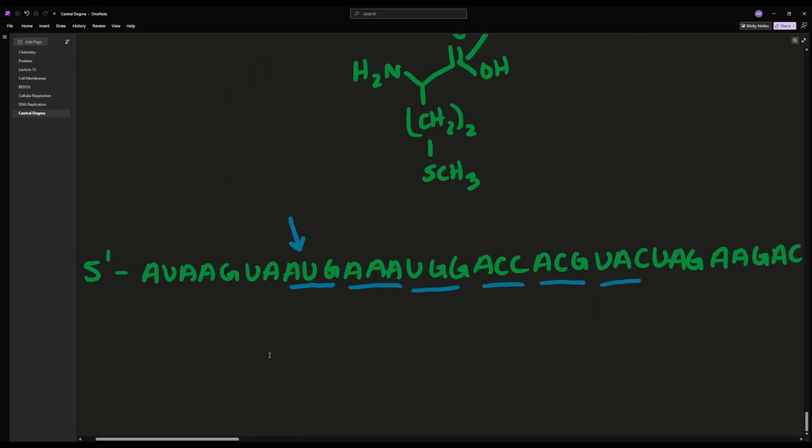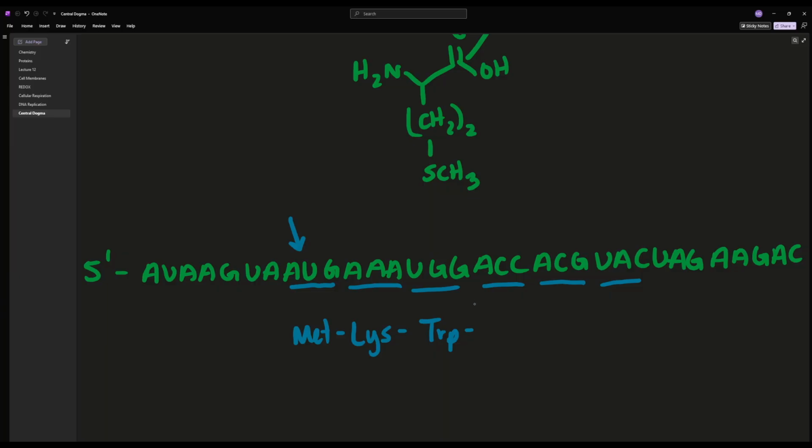So returning back to here, looking at my codon chart, I know that AUG codes for methionine, and I'm going to write its 3-letter code and then a dash. AAA codes for lysine. UGG codes for tryptophan.